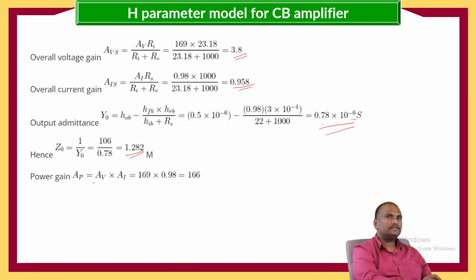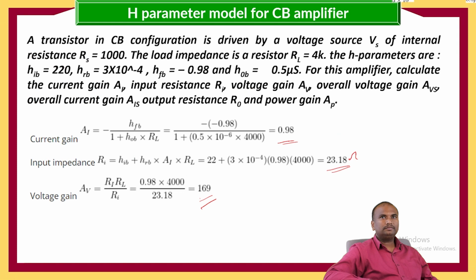Now the power gain is equal to AV into AI, which is equal to 169 into 0.98, which is equal to 166. These are the parameters which we have calculated by using the common base configuration values.